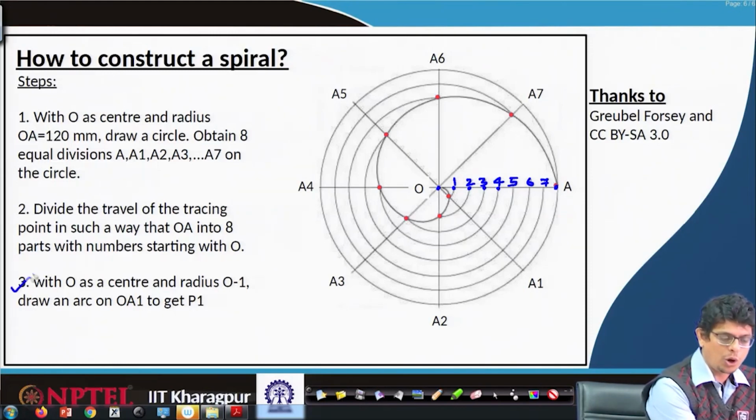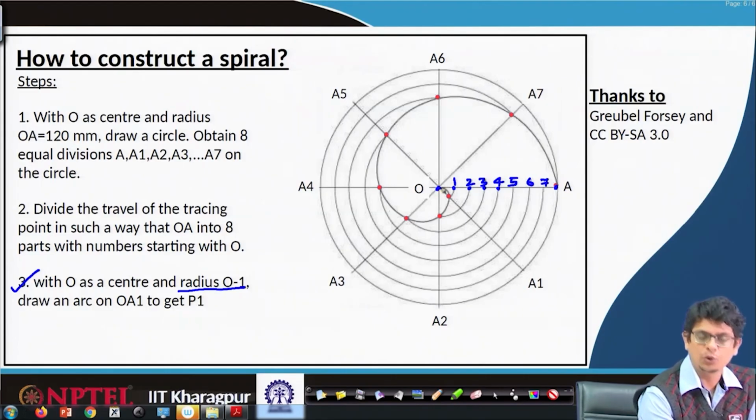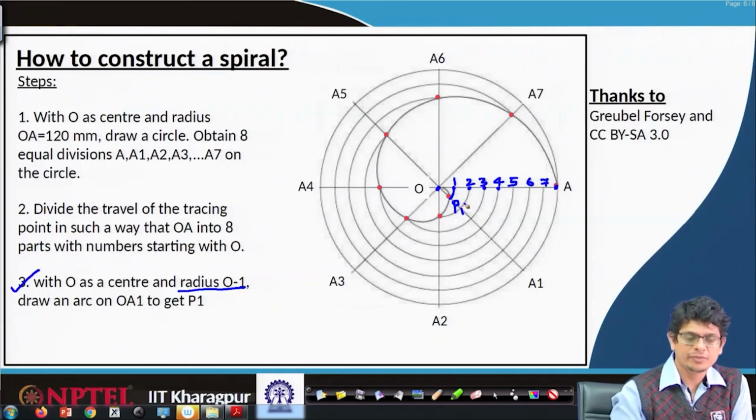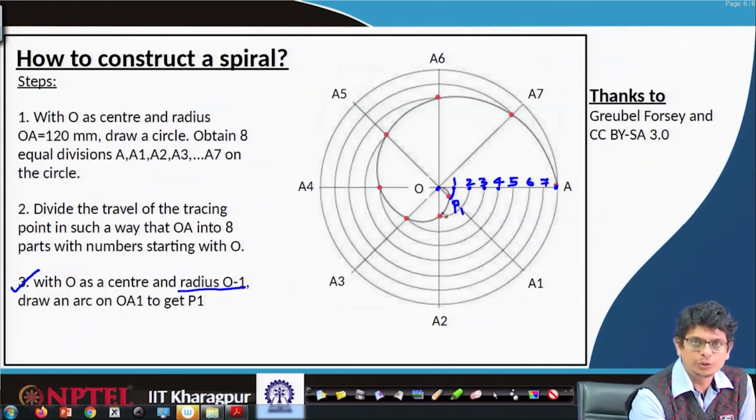Now, with O as center and radius O1, draw an arc and name the point where it meets the A1 line as P1. This point moves with angular velocity and also in the radial direction. So, from O to 2, draw one more arc to make a point P2 which intersects the A2 line.